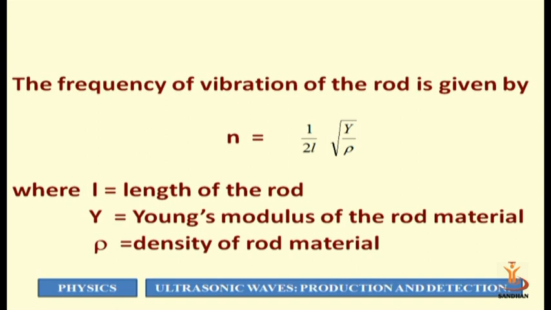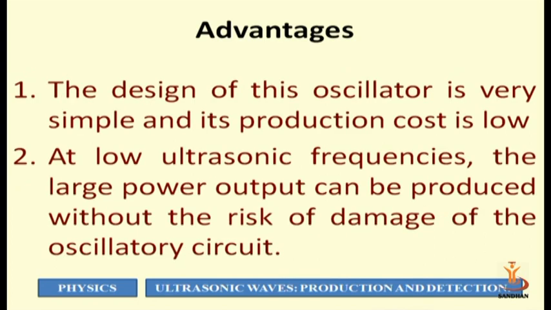Here this slide shows the natural frequency of a ferromagnetic material. L is the length of the ferromagnetic rod, Young's modulus is Y, and density is rho. What are the advantages of the ferromagnetic rod, the most important component of the magnetostriction oscillator?